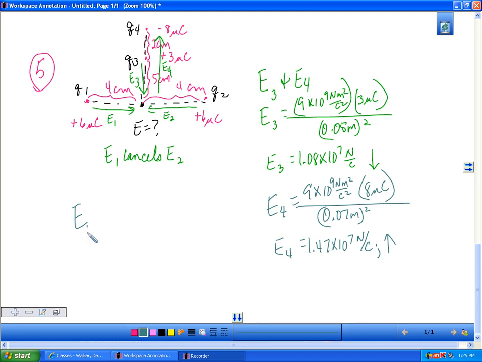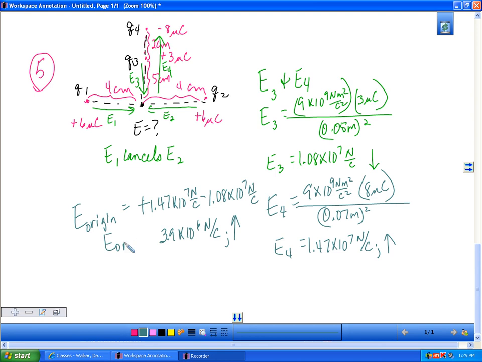So the E at the origin is going to be a positive 1.47 times 10 to the 7th newtons per coulomb with a negative 1.08 times 10 to the 7th newtons per coulomb. So when I did that, I got 3.9 times 10 to the 6th newtons per coulomb. And I said it had to be pointing in that direction because that was the direction of the larger electric field.